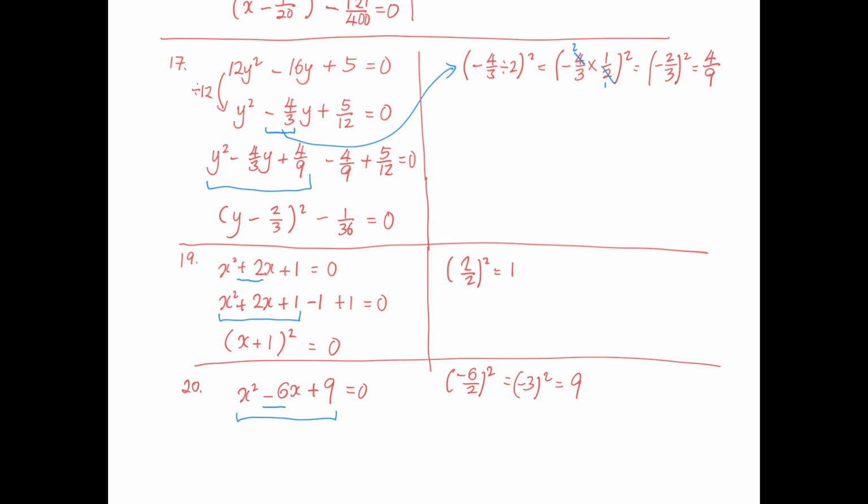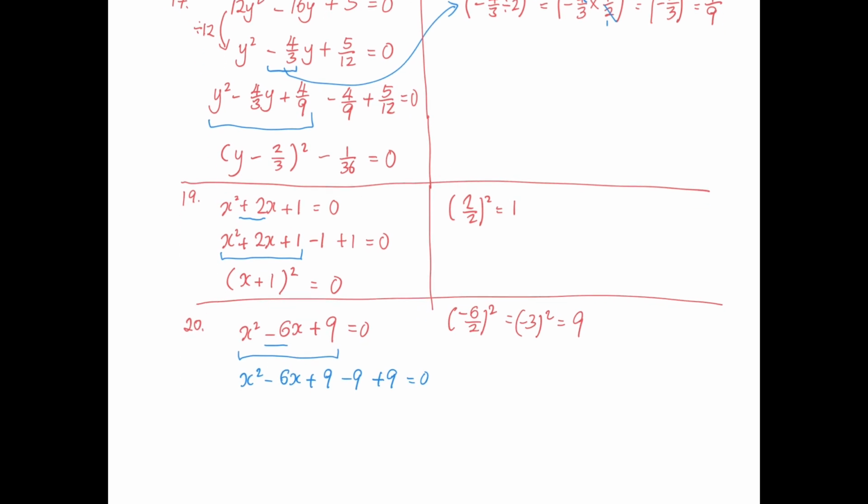I just write down in this way. If you follow the normal way, we're supposed to plus 9 and minus 9, and you plus 9. That is the same as the previous one. But at this point, you can just skip because we already have plus 9. We want plus 9 so that the first three terms become a perfect square.